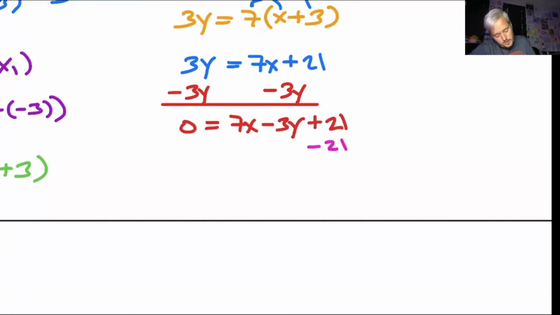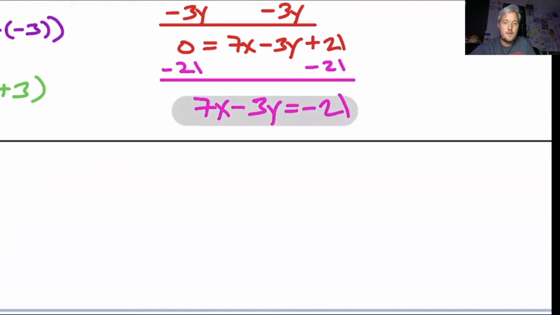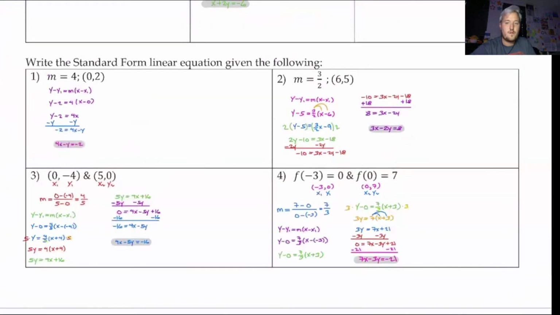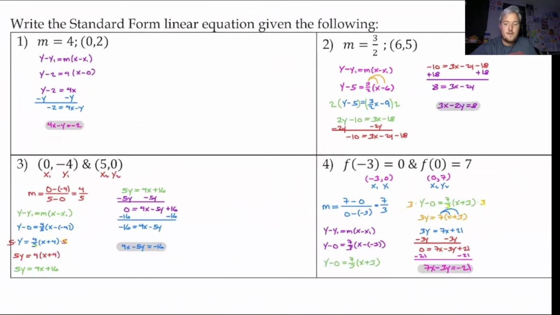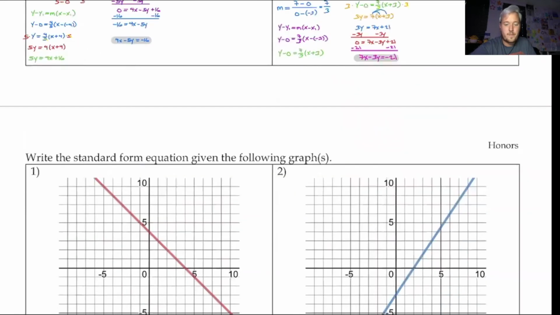Then subtract 21 on both sides. All right, so I'm going to go ahead and flip it and everything. So I'm going to have 7x minus 3y equals negative 21. All right. So there is kind of a lot involved in these. So be patient with yourself on these. Some of these are kind of tricky.